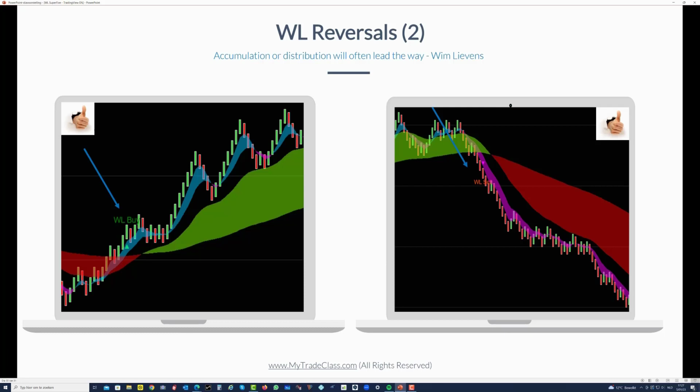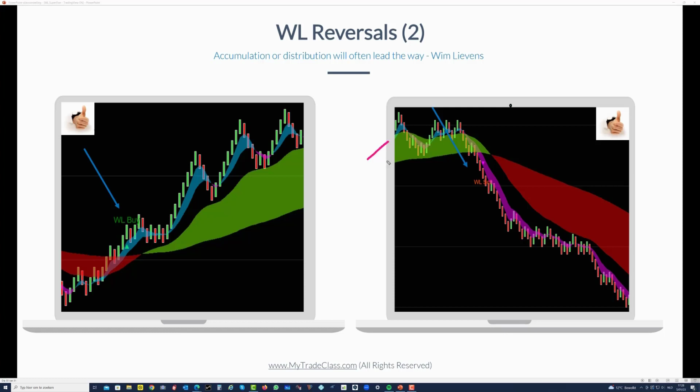That means that very clearly the buyers were stronger. Vice versa, if green was a lot smaller, thinner than the red side, it's of course the sellers who are much stronger.